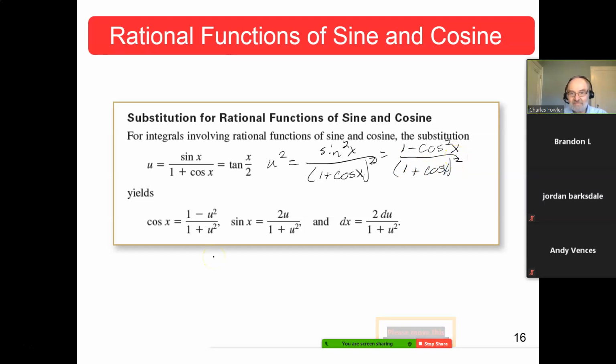Now, 1 minus cosine squared is 1 plus cosine x times 1 minus cosine x, over 1 plus cosine x squared, which is 1 plus cosine x times 1 plus cosine x.